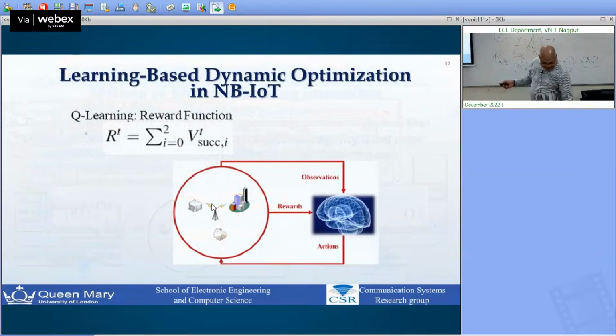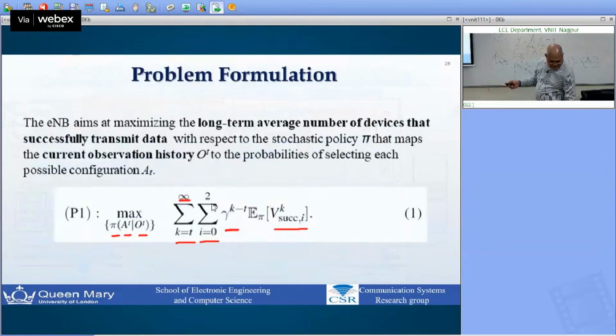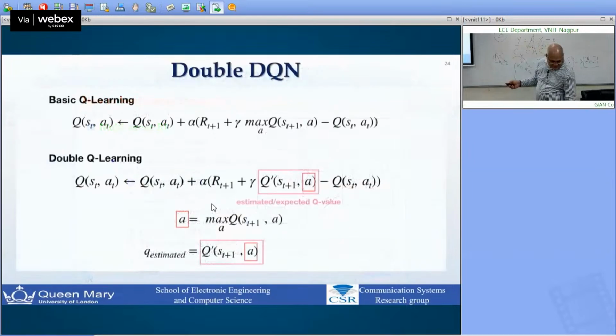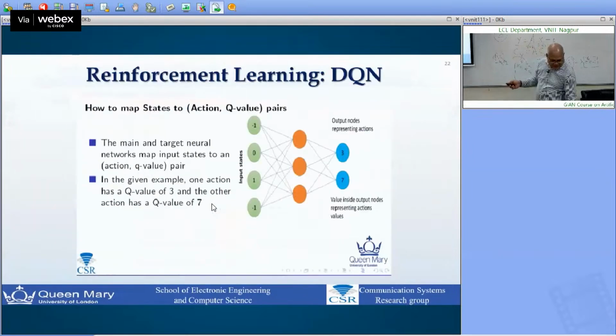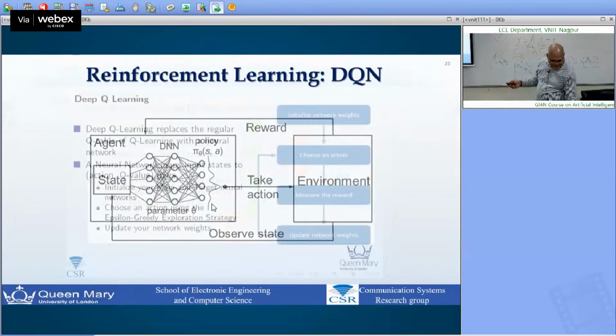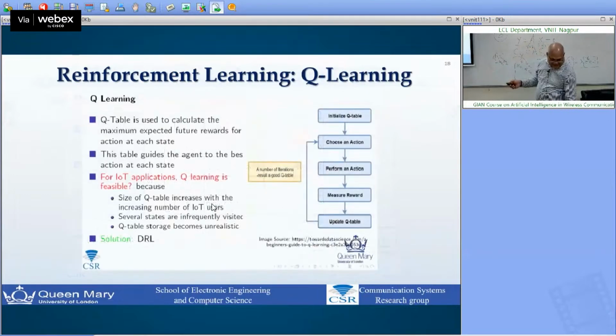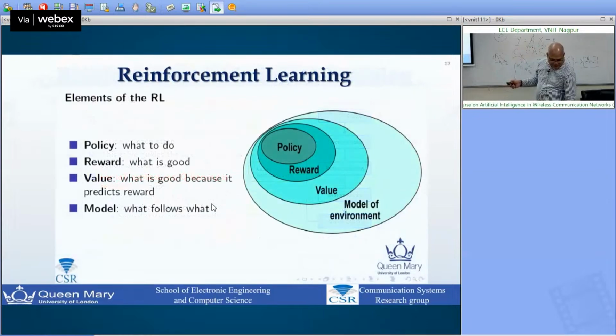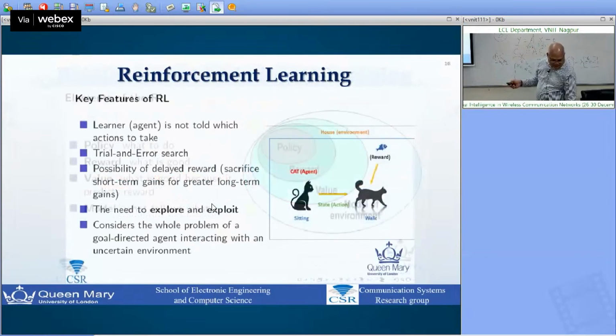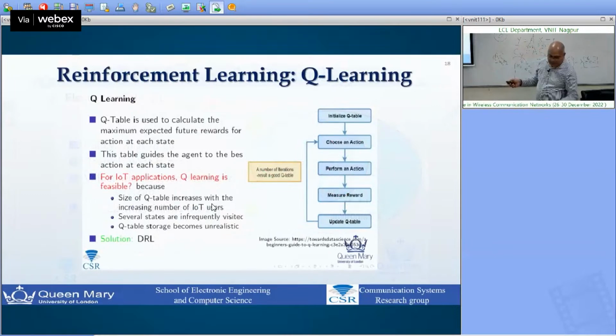Here, how is the agent going to select the action? Based on the Q learning algorithm.